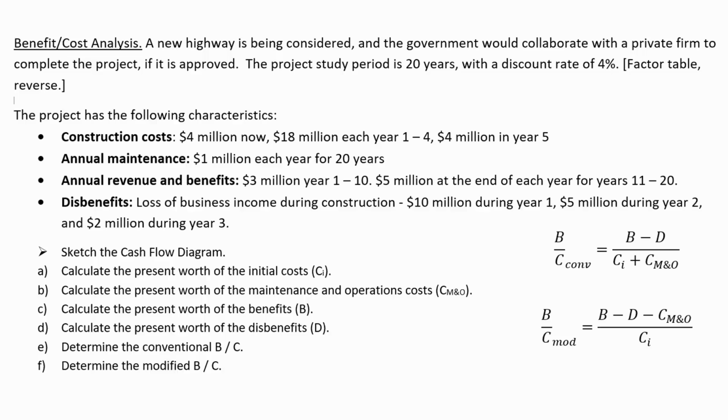Okay, so what you're going to need to do is read through this and determine what are the costs, what are the benefits, what are the disbenefits, and then convert them all to the present value. And then calculate the conventional and the modified B2C ratio.